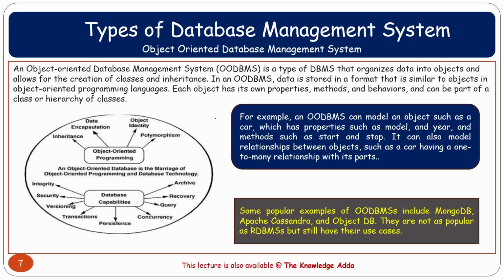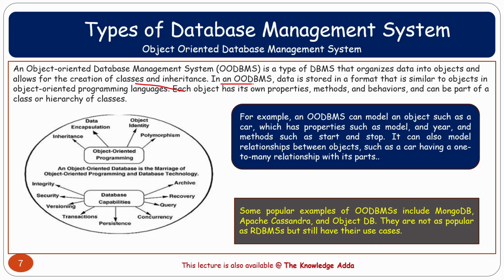Now second is object-oriented database management system. So basically, an object-oriented database management system is a type of database management system that organizes data into objects and allows for the creation of classes and inheritance.